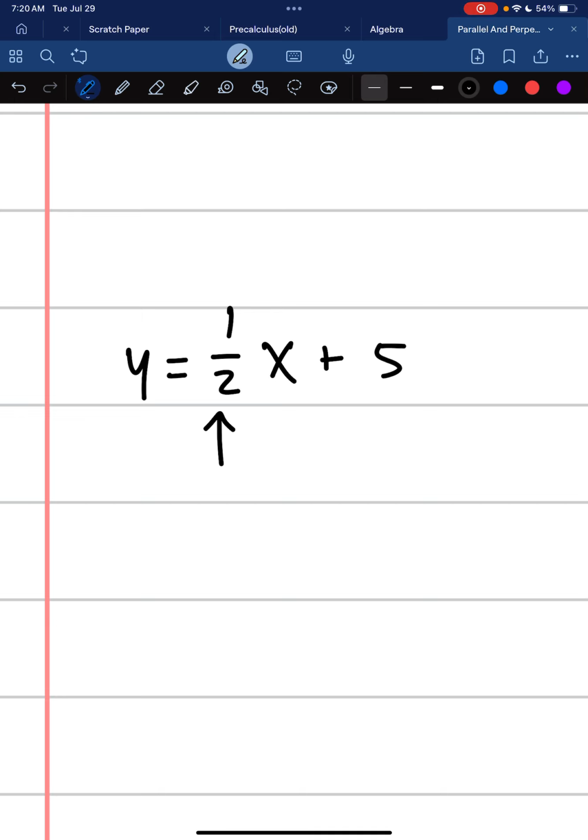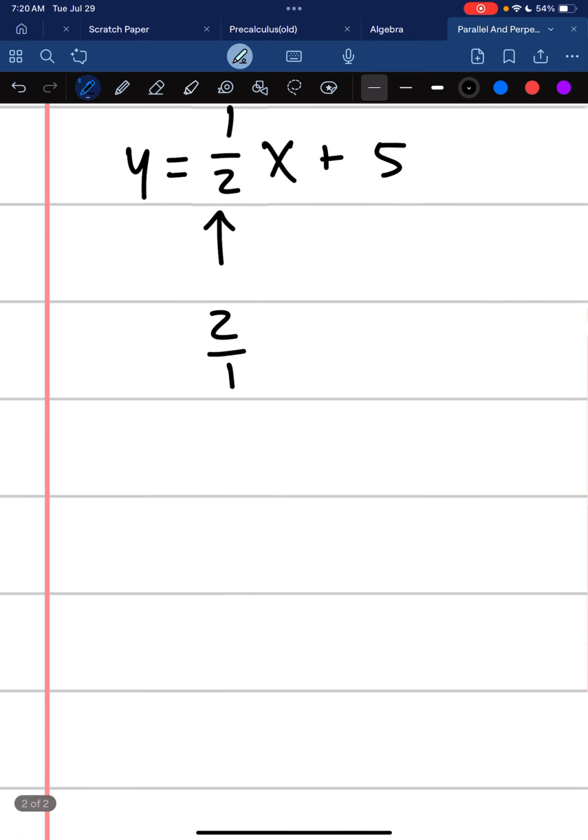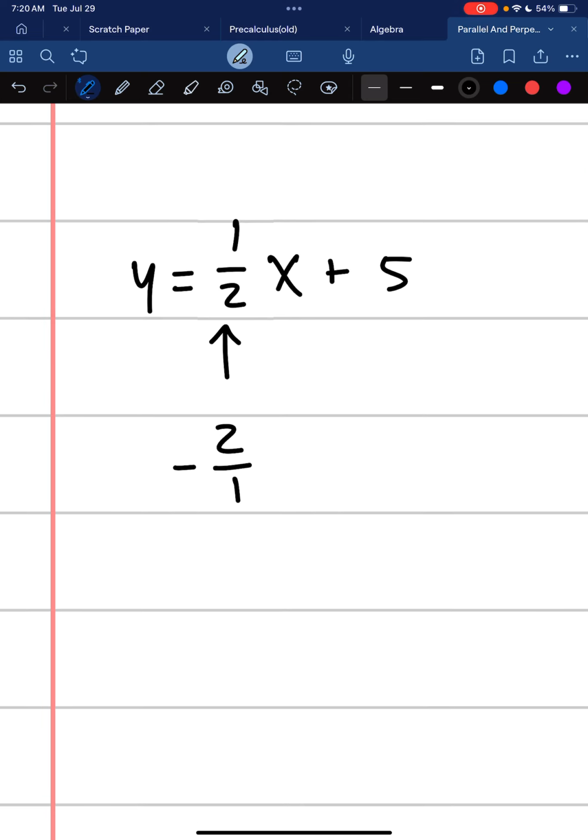Opposite reciprocal means the opposite sign and the reciprocal of the fraction. The reciprocal of 1/2, you just flip the numerator and denominator, so it becomes 2/1. And the opposite sign, well, 1/2 is positive, so we change it to negative 2/1. That's going to be the slope of the line perpendicular to this equation.